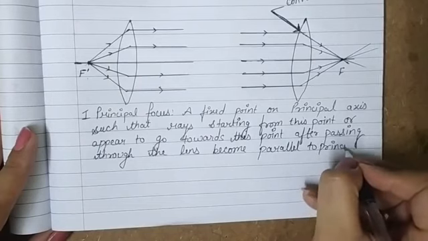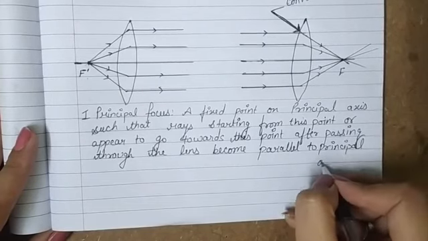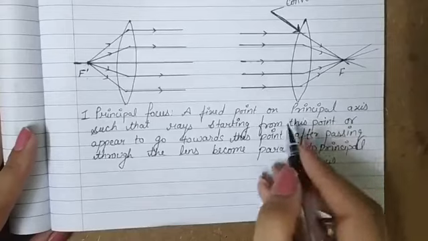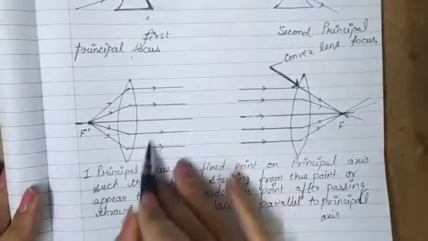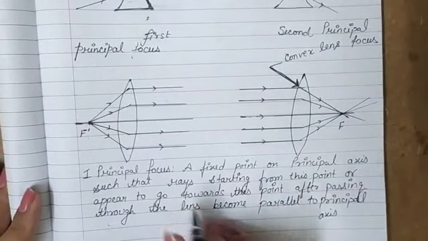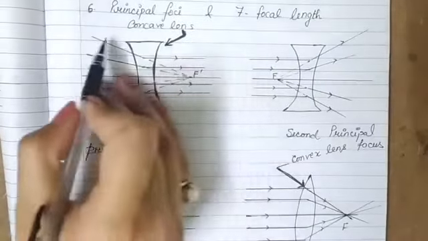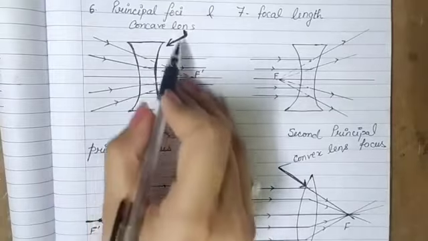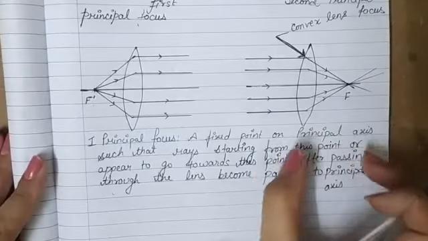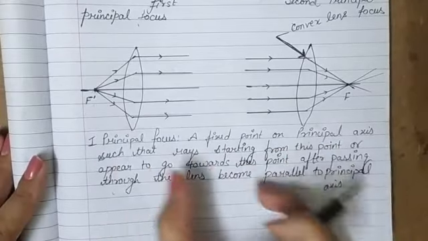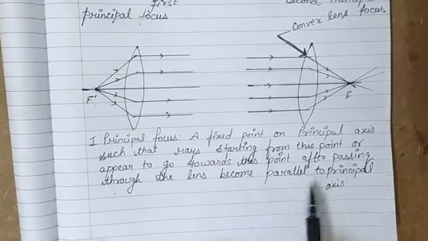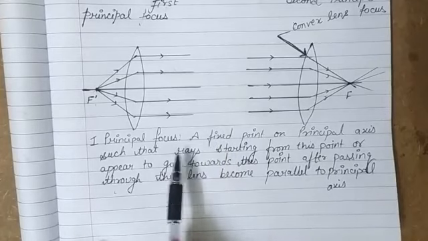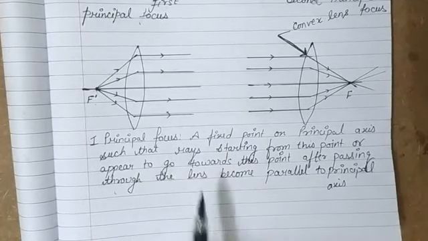So the rays starting from this point is the case of convex lens, or appear to go towards this point is the case for concave lens. Then after passing through the lens, in both cases they become parallel to the principal axis, then this fixed point is called first principal focus.